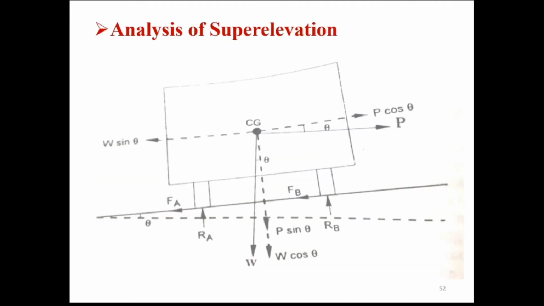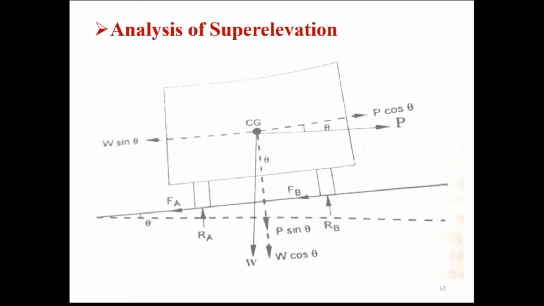Now the analysis of the super elevation. From the figure we can see that P is the centrifugal force, W is the weight of the vehicle, and P cos theta and W sin theta are the x components of the force P and weight W respectively, whereas P sin theta and W cos theta are the y components of the centrifugal force P and W respectively.